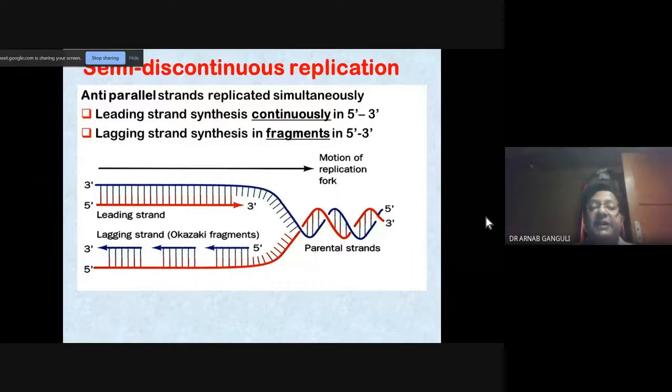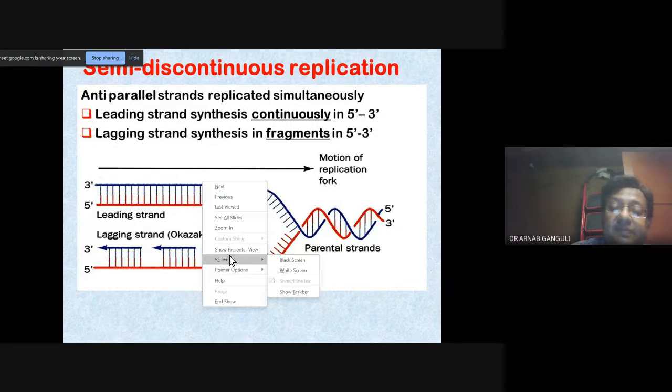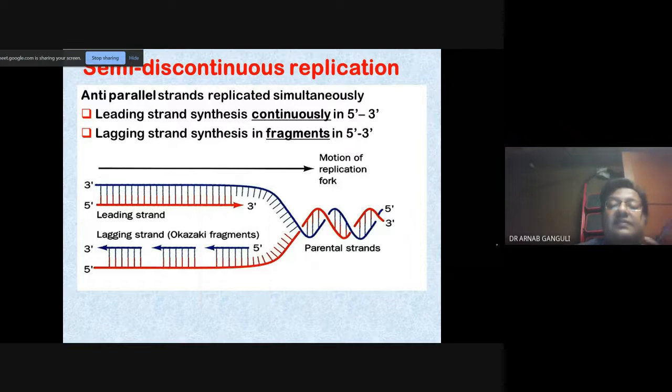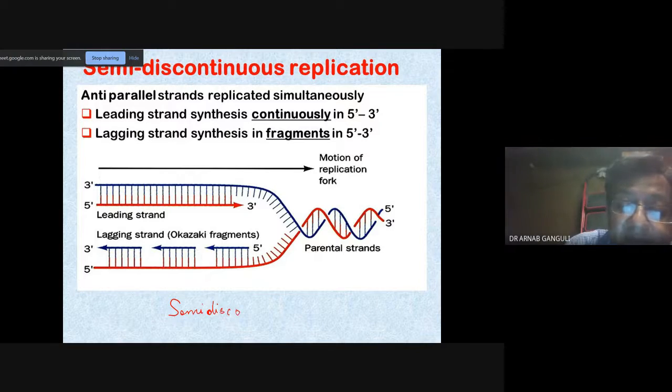Now DNA replication has got a thing known as semi-discontinuous replication.